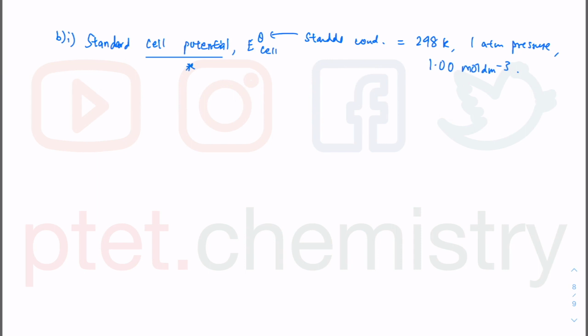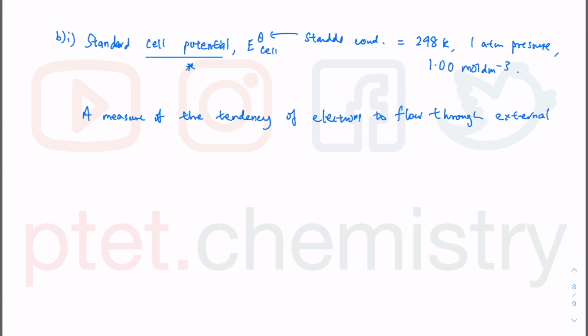I've always remembered my definition of standard cell potential as a measure of the tendency of electrons to flow through external circuit. If you don't like this definition, you should go for the other one, which is to do with the maximum.